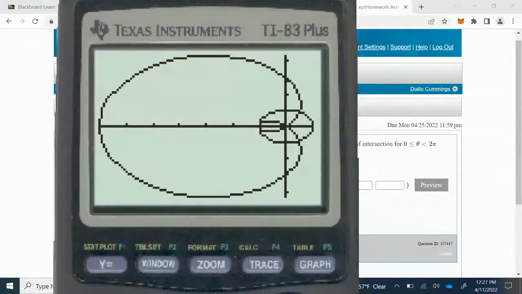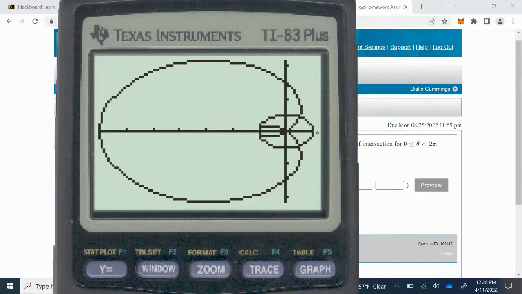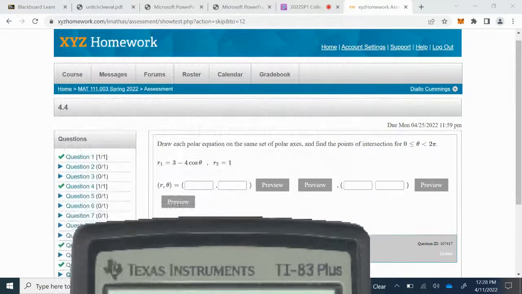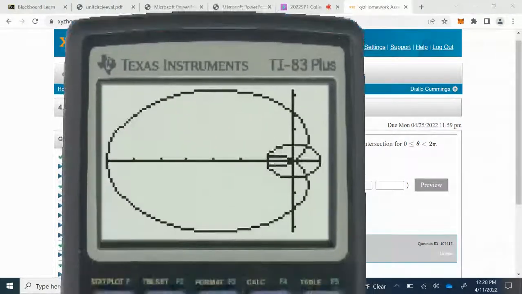All right, so we want the intersection from 0 to 2 pi. So notice that the rectangular coordinate system itself, we're going to treat that as a unit circle. So here we have 0 degrees, here we have 90, 180, 270, back to 360. Let me just go down.